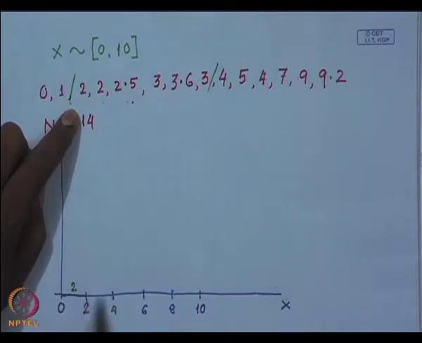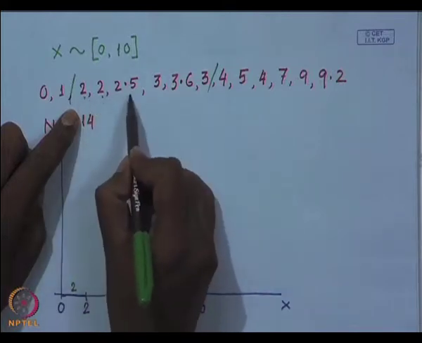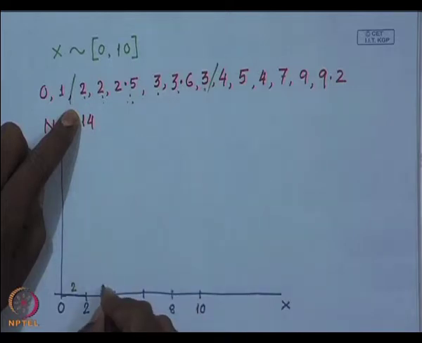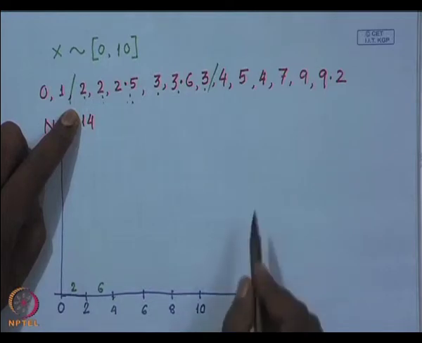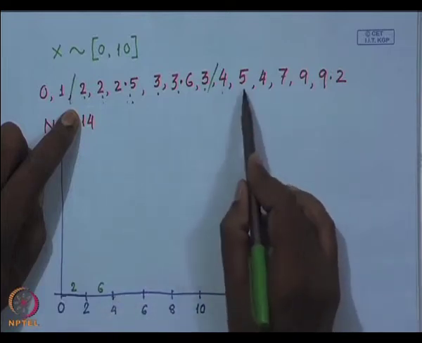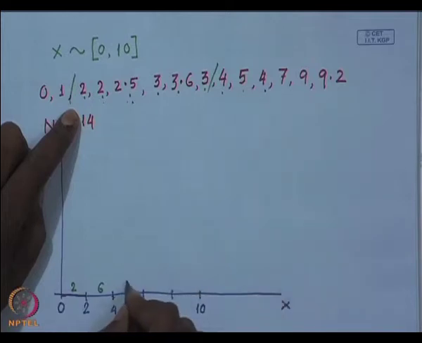So, the number of samples which fall within this bin is 1, 2, 3, 4, 5 and 6. So, there are 6 samples falling within this bin. The next bin, having the bin boundaries 4 and 6, has samples 4, 5 and 4 again. So, there are 3 samples falling within this bin.